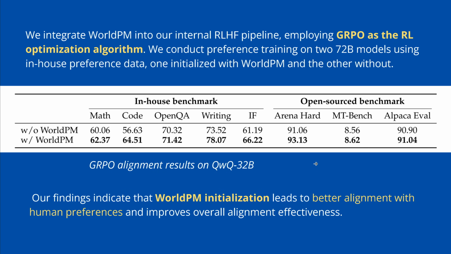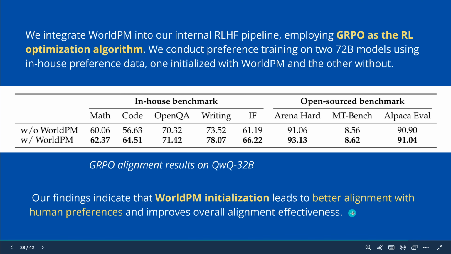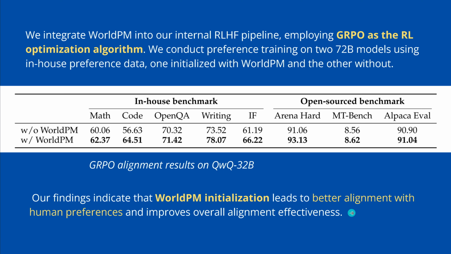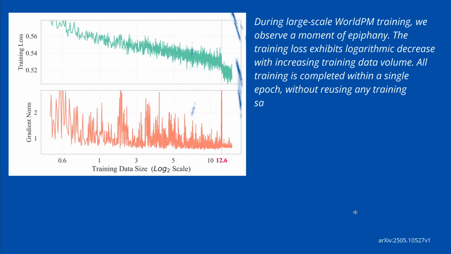And they say our findings now indicate that the WorldPM initialization, so if we start with this world reward model, preference model, and then we have some fine-tuning, and then we further do this here on domain-specific human preferences, in total we get a better alignment with the human preferences, and we have an overall improved alignment effectiveness. And this is exactly why we do reinforcement learning. So, real interesting approach, real interesting insights.